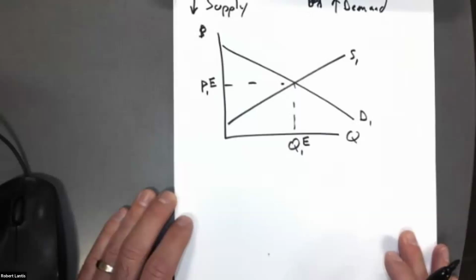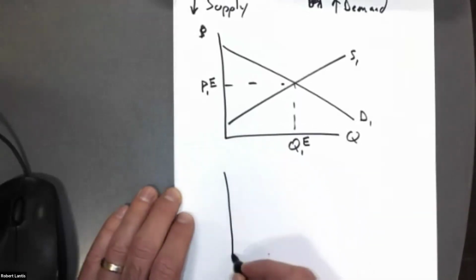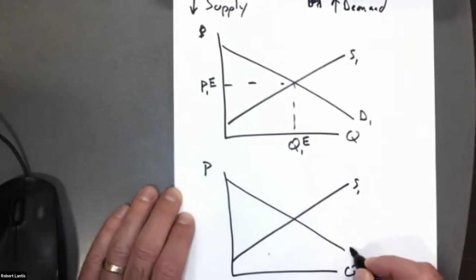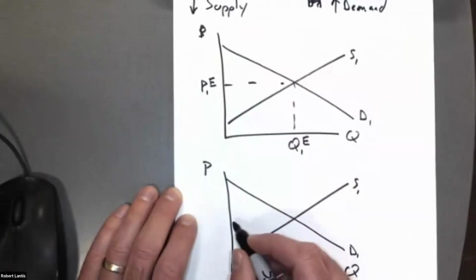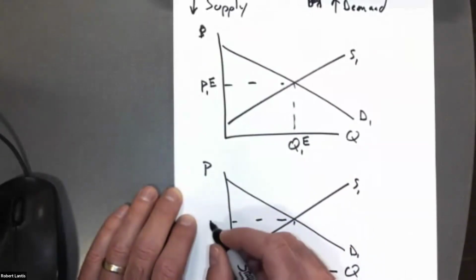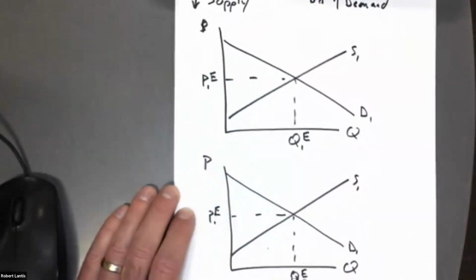I'm then going to draw the same graph down here so I can understand how not only the supply decrease is going to impact this market, but how the demand increase is going to impact this market. So this is just starting out in equilibrium.